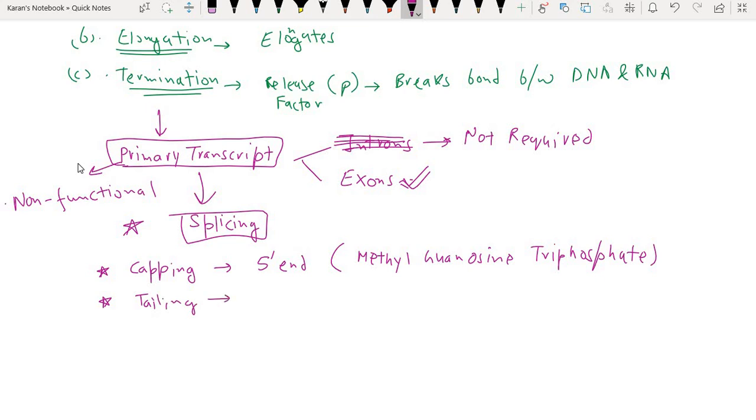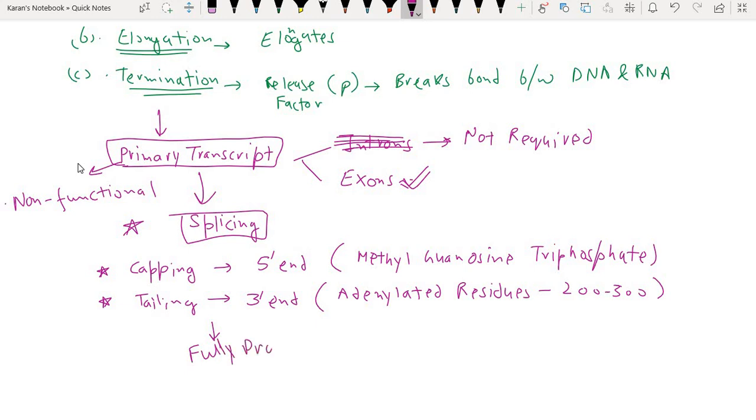It occurs at the 3' end of this primary transcript, where adenylated residues, which are 200 to 300 in number, are being added, right, at the 3' end, and then only this becomes the fully processed hnRNA.